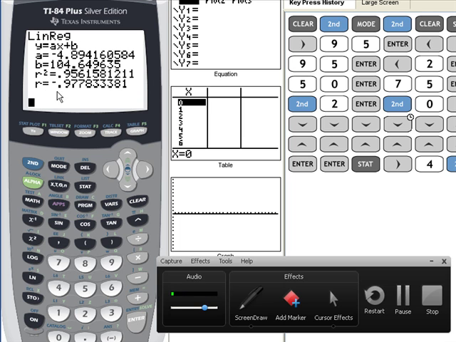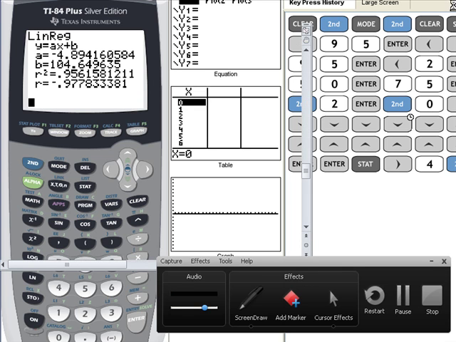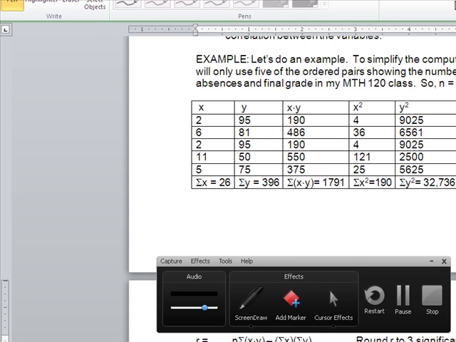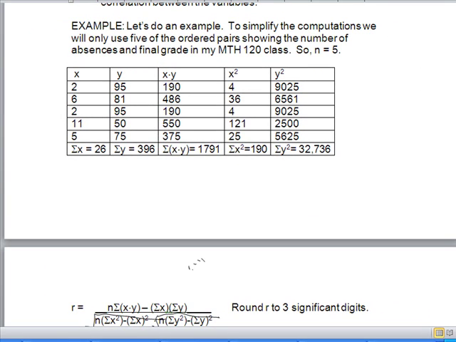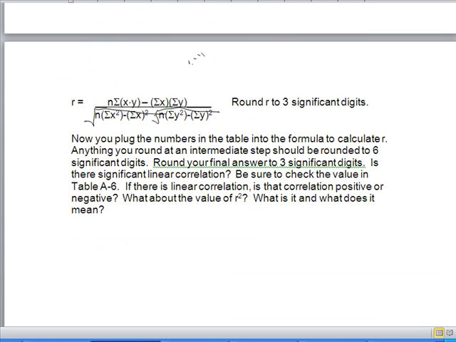Okay, so we go back. Move my window back over. And our value for R squared, I want to say it was 0.956.